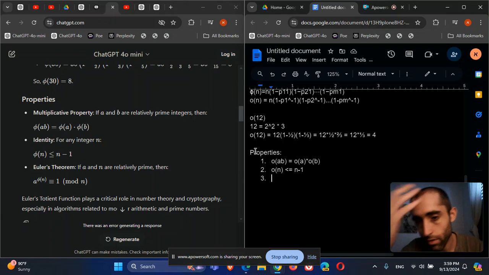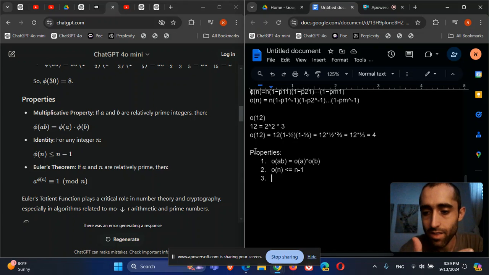For example, I can think about a prime number. Think about the phi function of a prime number. It can only be divided by 1 and itself. So the number of relatively prime numbers to this number, for example 7, is 1, 2, 3, 4, 5, 6, 7, no, not including itself, so until 6.